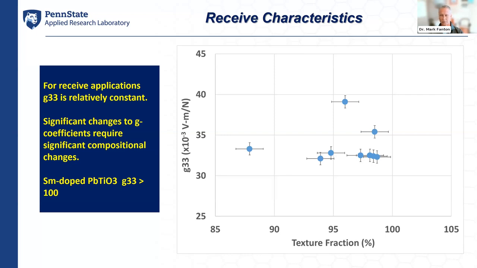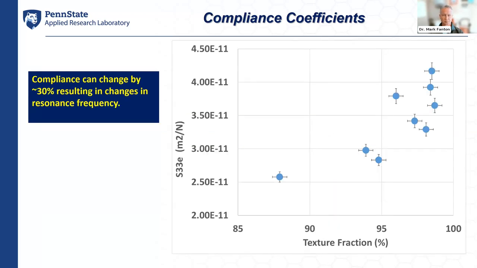And so again, this comes back to the idea that understanding process control for the texturing process is really critical in order to arrive at a consistent output from this new material.